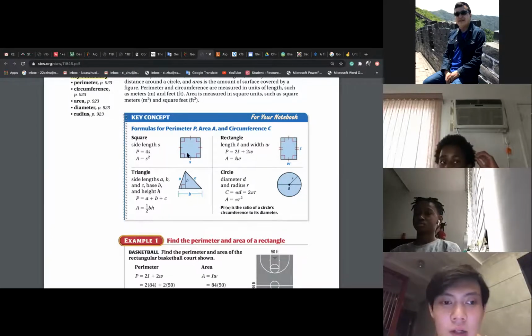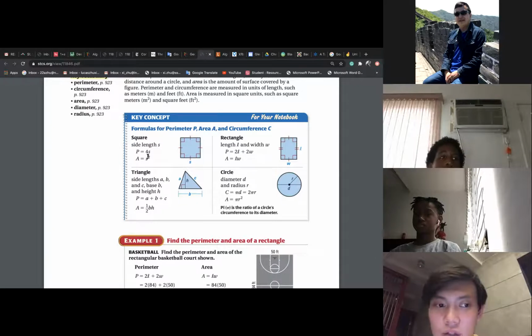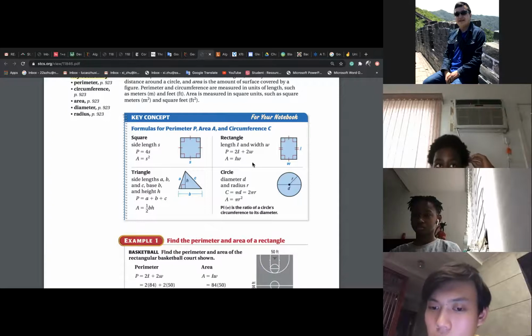For the square over here it's also the base s times the height, which is also s. That's why it is s squared. They're literally the same thing, but they just have different measurements. That's why they're written differently.